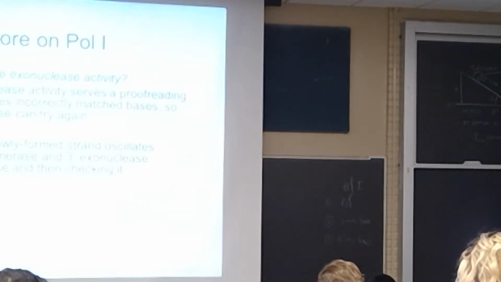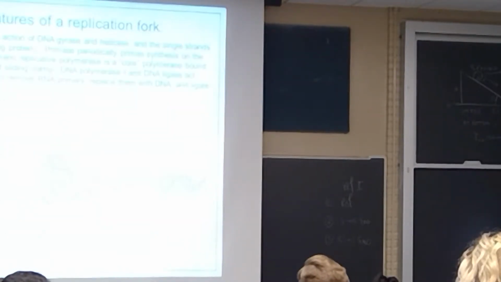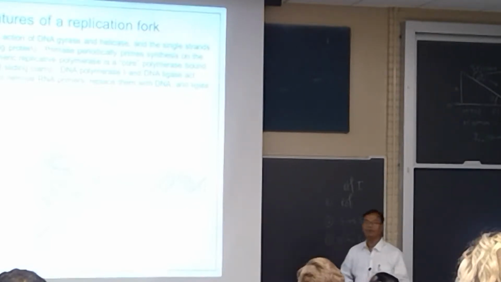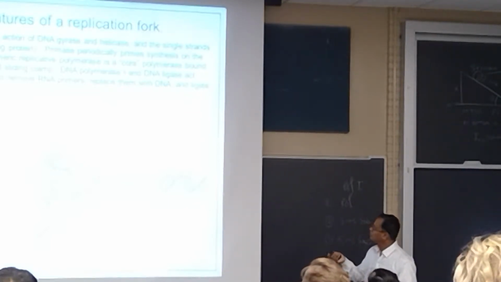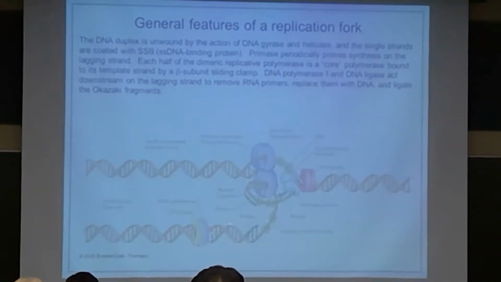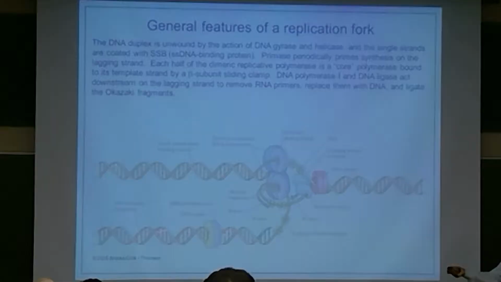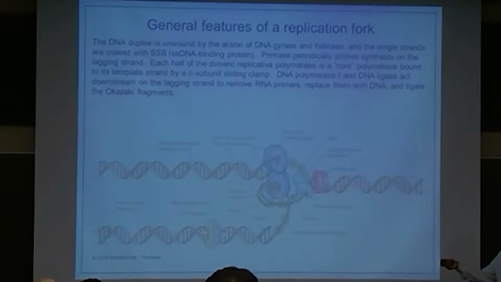All 3. So this is a functional replication fork, but along with the polymerase, pol 1 is involved in the Okazaki fragment processing, correct? And DNA polymerase 3 is actually the replicating polymerase.